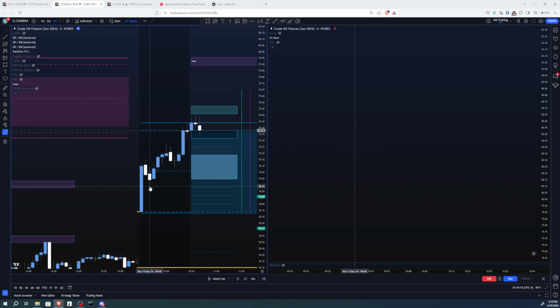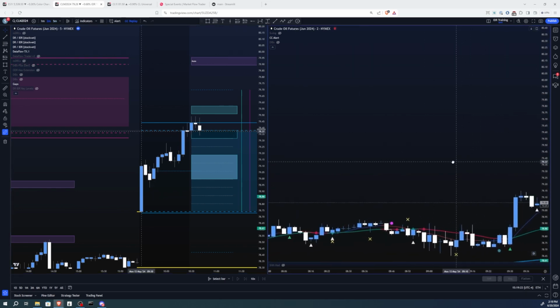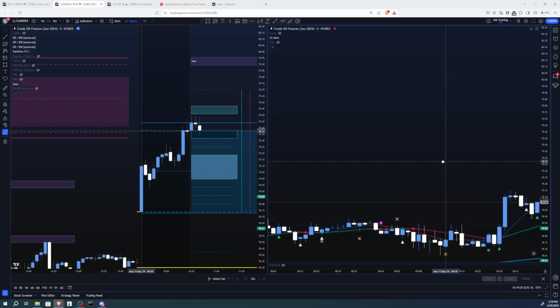If you start to break down past that, the only reservation I would have is the potential gap fill, but you have such a large elephant bar igniting that the gap wouldn't trump what we're doing. So I'd be licking my chops on that pullback to that 30 to 50% area.